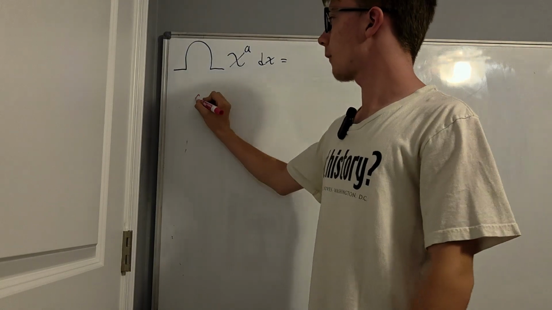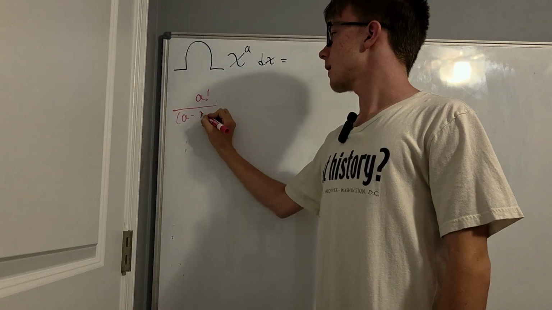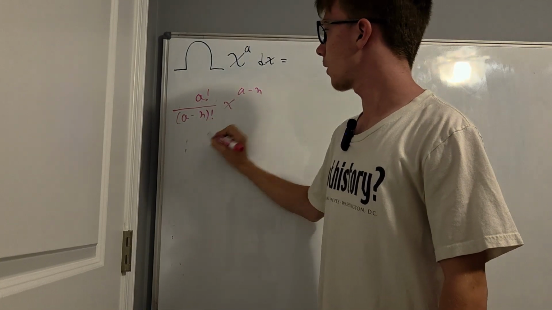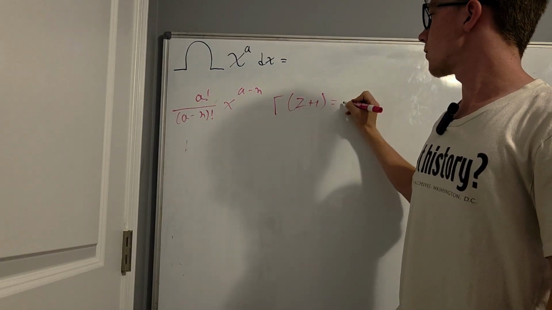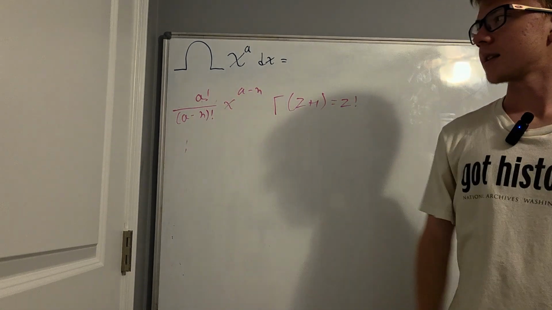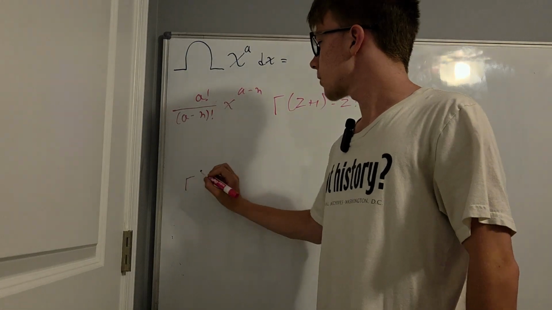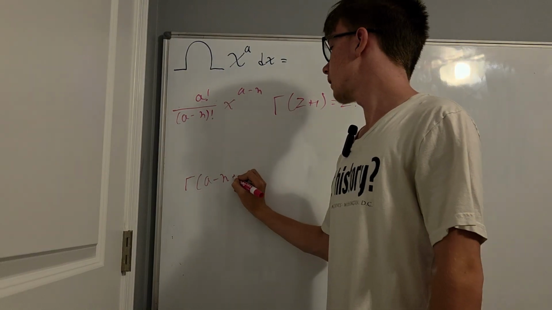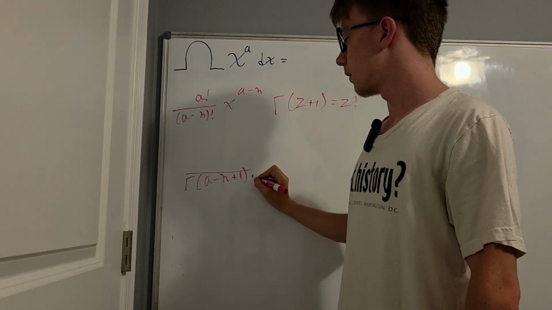This right back where I have a factorial divided by a minus n factorial x to the a minus n. And if we recall, gamma of z plus 1 is equal to z factorial, right? I can turn these into the gamma function, where I like to start on the bottom when I'm doing these, where I have a minus n for the factorial plus 1 in the denominator.